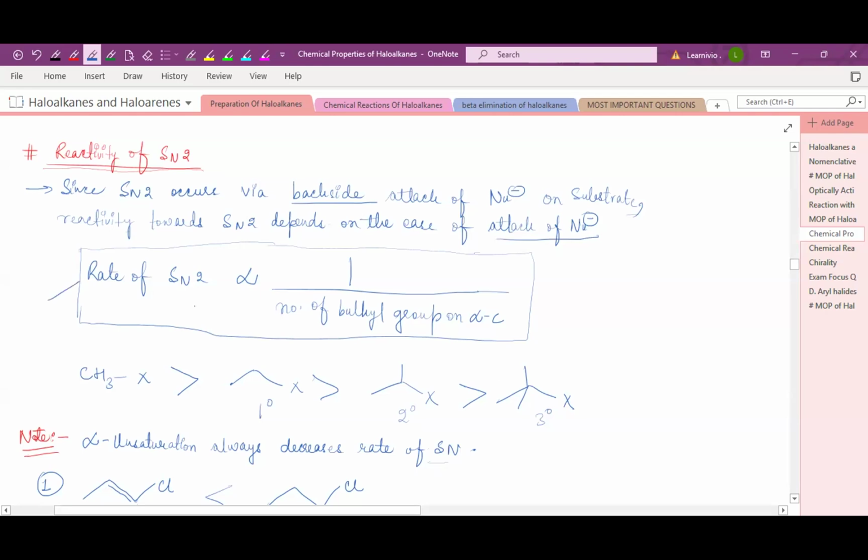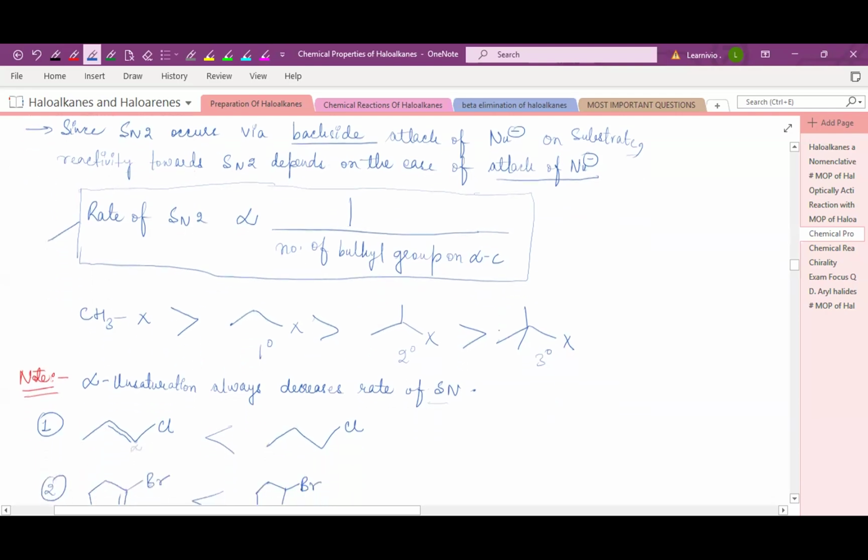The rate of nucleophilic substitution reaction SN2 is inversely proportional to the number of bulky groups on the alpha carbon. The more the number of bulky groups on the alpha carbon, the less will be the reactivity. Slow will be the reactivity. Suppose we have these 4 compounds.